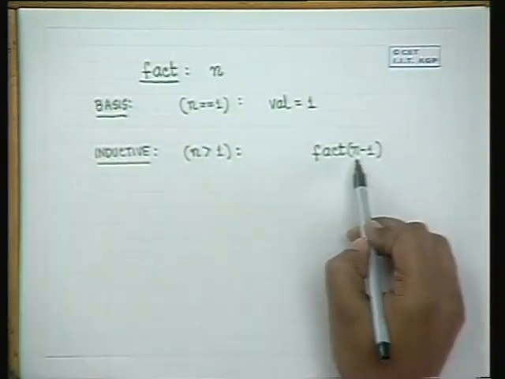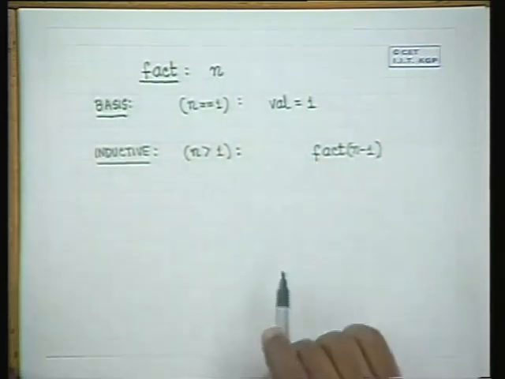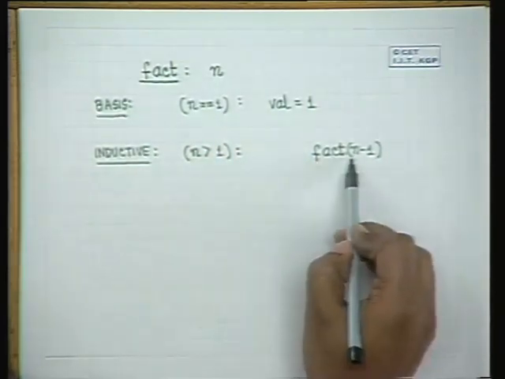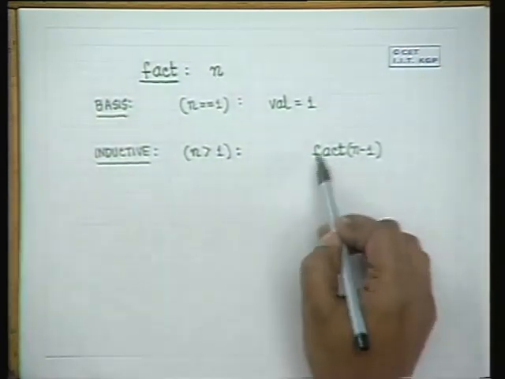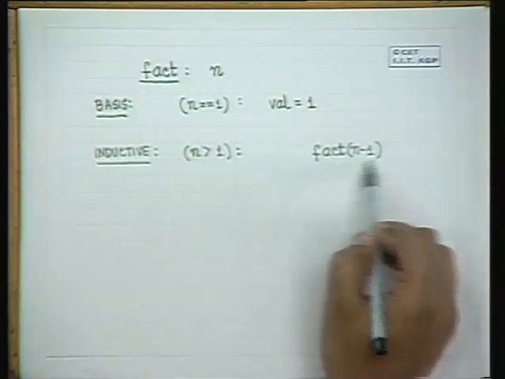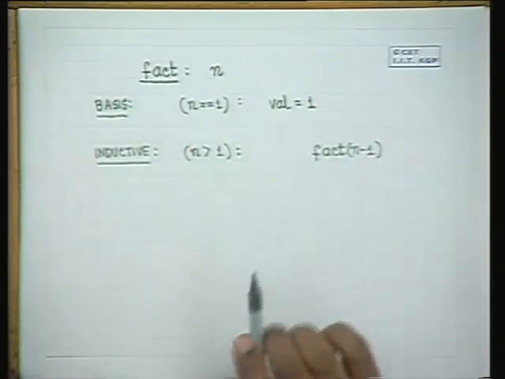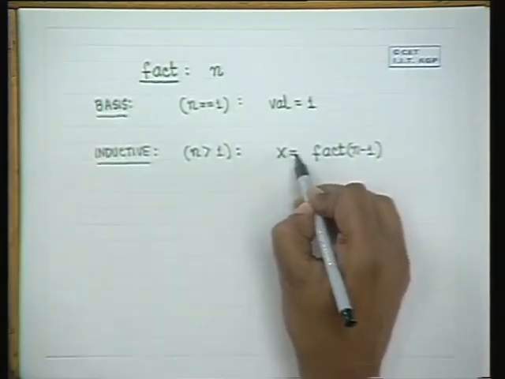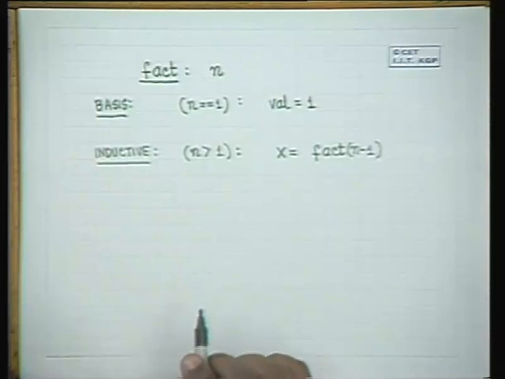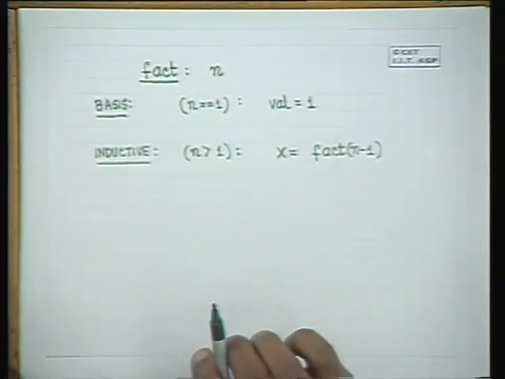Now this subproblem had n minus 1, which was less, following the inductive principle. If you can solve this and you can obtain the solution of this from a solution of that, then you have obtained a solution for this, provided you have got a basis condition. So, suppose we had taken x equal to fact of n minus 1. This was the problem decomposition, the only and the simplest problem decomposition that we did.